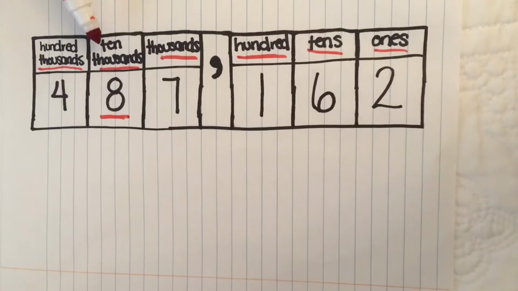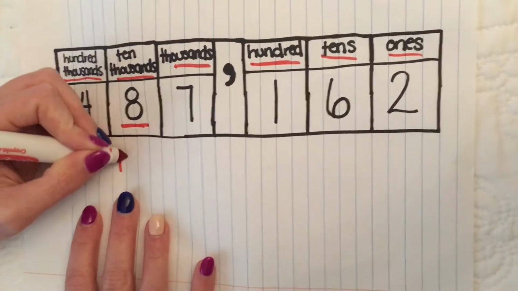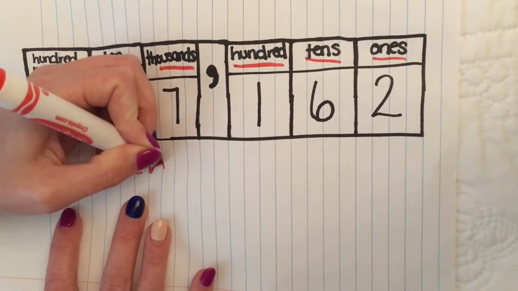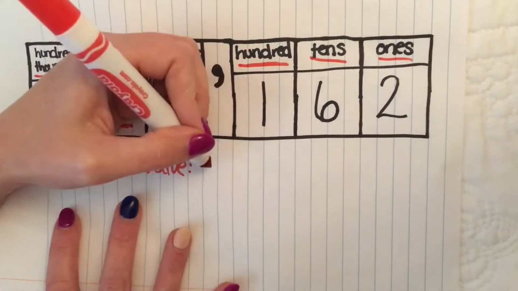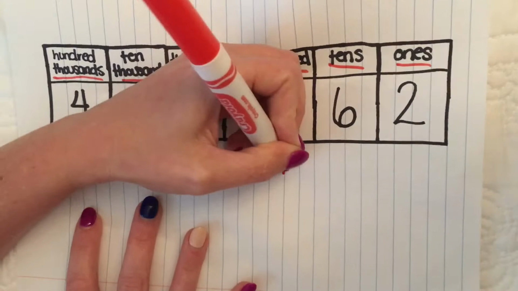So the 8 digit here is in the 10,000s place. So the place value is the 10,000s. And again, that's a little foreign to students.